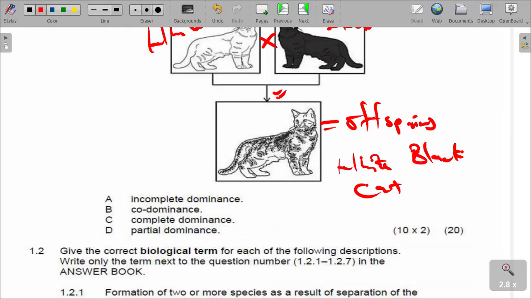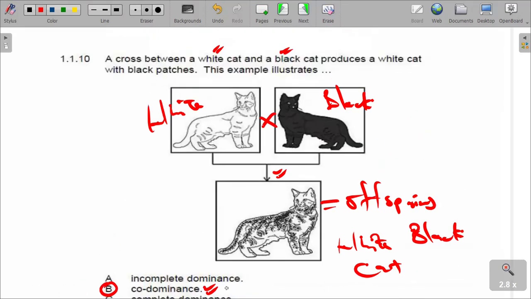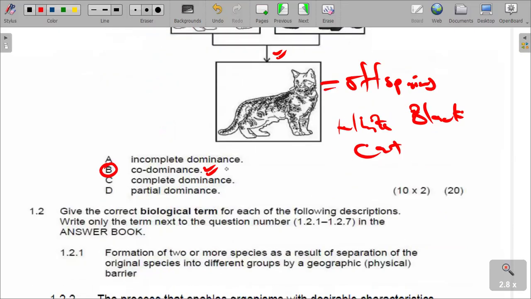This is codominance, because both colors are being shown. The colors are almost equally expressed. When we say codominance, it means both colors, white and black, are equally expressed in this offspring of the cat.